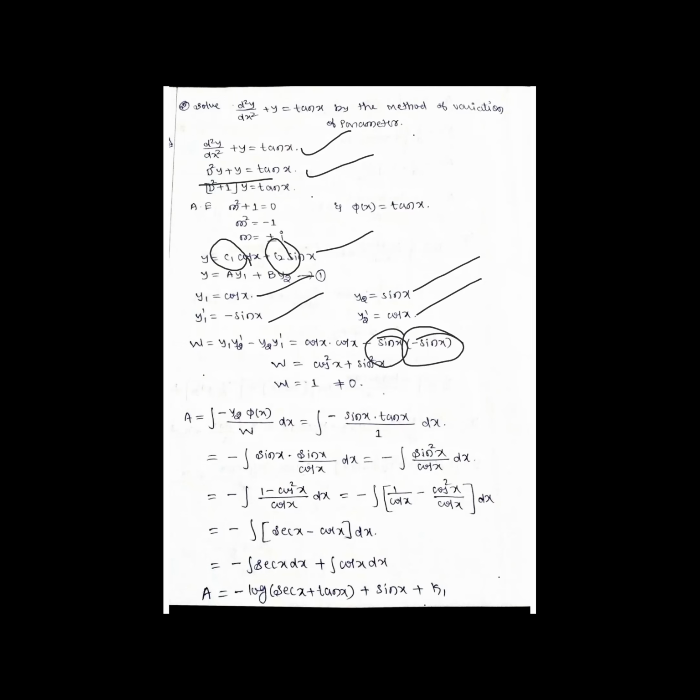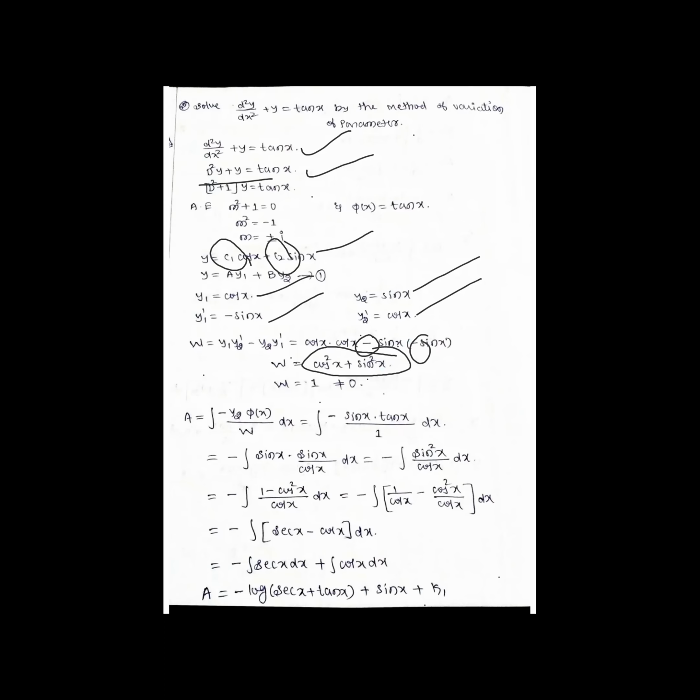Minus sin x. So here this minus will be plus. So cos x into cos x, cos square x, sin x into sin x, sin square x. We know that cos square x plus sin square x is equal to 1, which is not equal to 0. Always the Wronskian is not equal to 0.